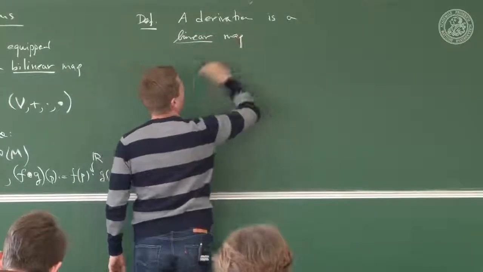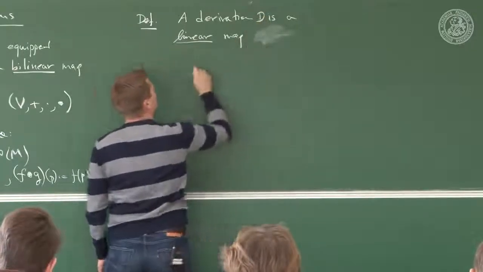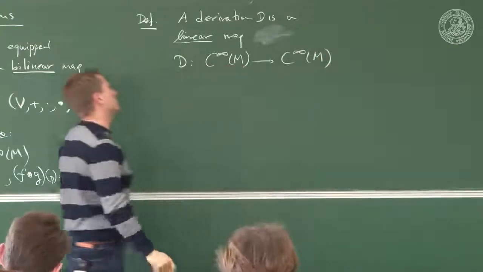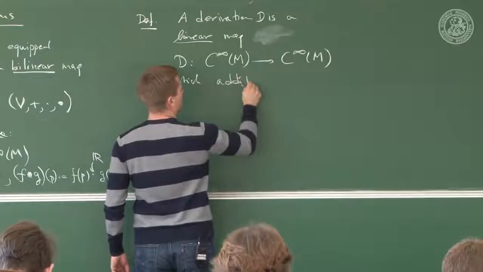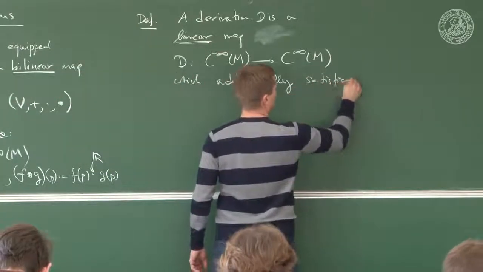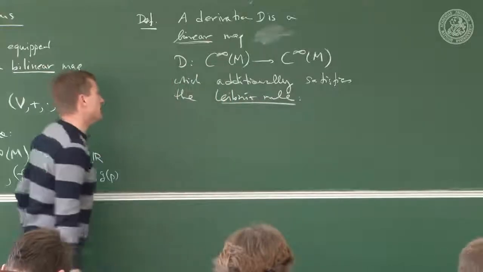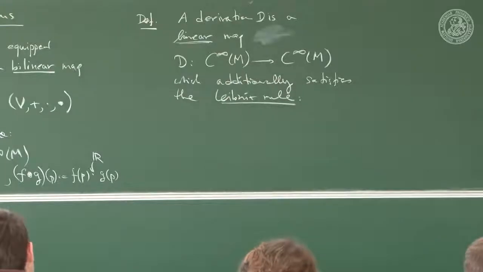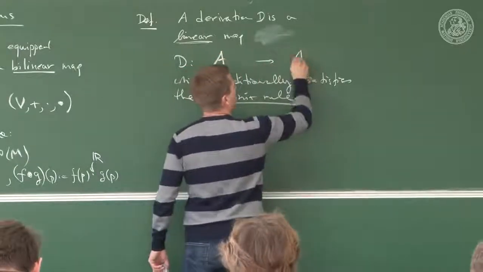Let me do this more generally: a derivation D is a linear map from an algebra to an algebra.